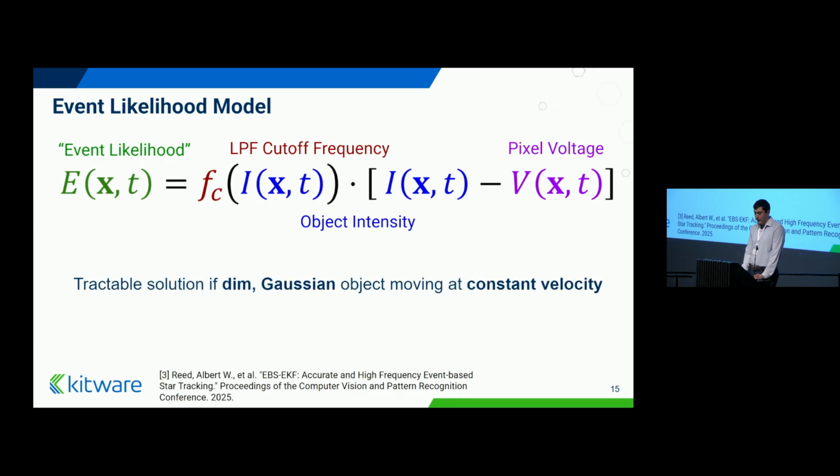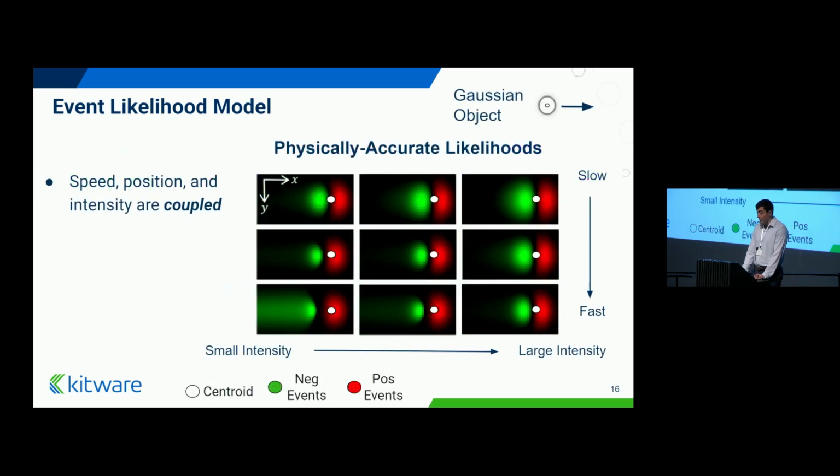But if we assume that the object is very dim, has a Gaussian distribution, and is moving at a constant velocity, which are relatively normal assumptions for unresolved object imaging, then we can obtain a closed form solution. This solution is shown here, where we can see many different likelihoods which change based on the intensity and velocity of the object of interest. This corresponds more to what we see in our real-life experiments, where all these variables are coupled together.